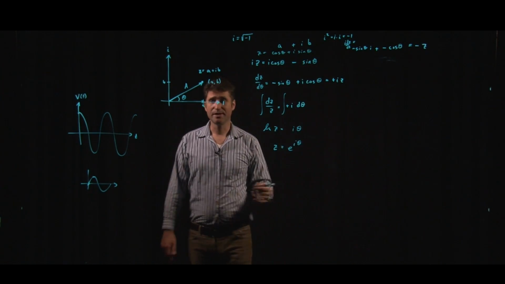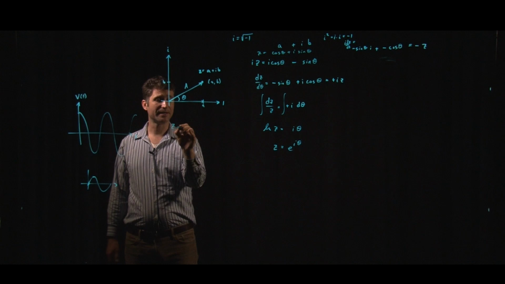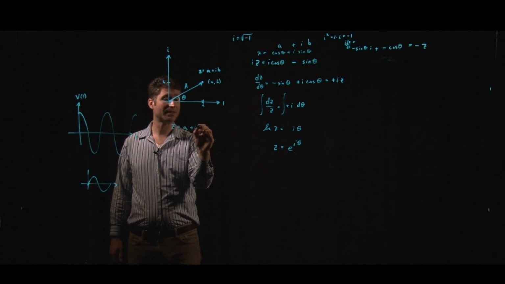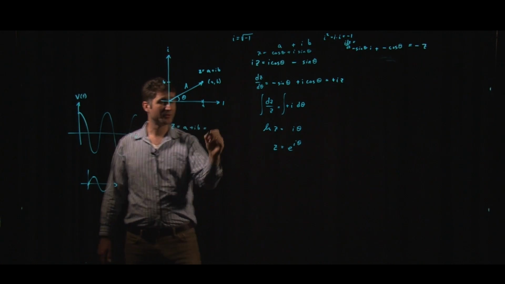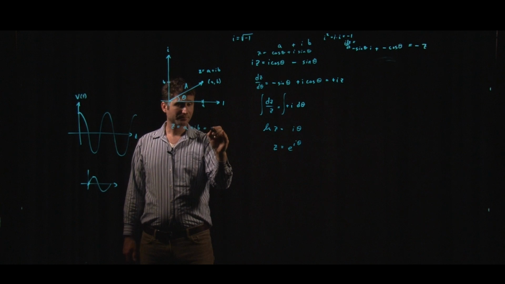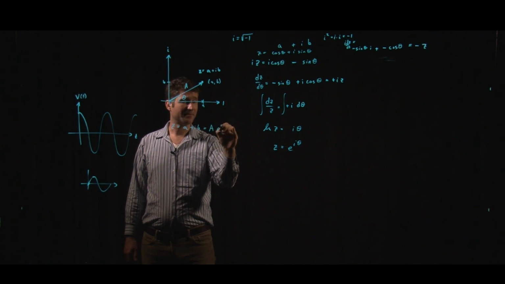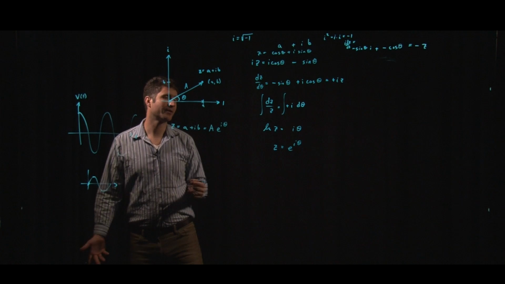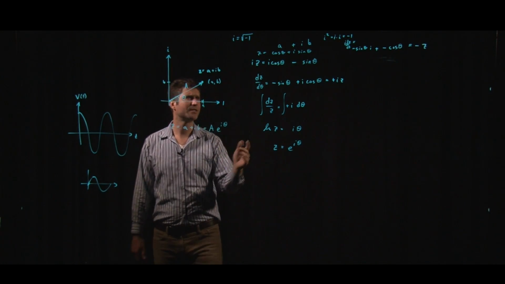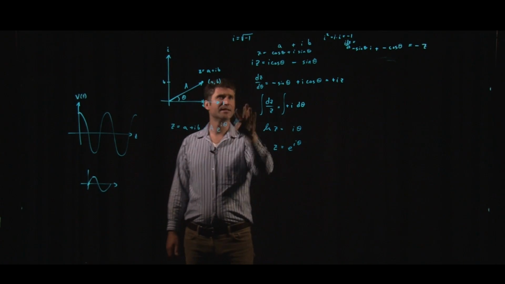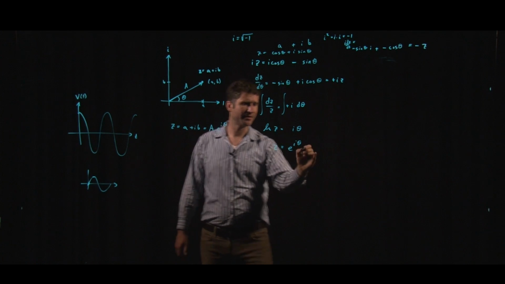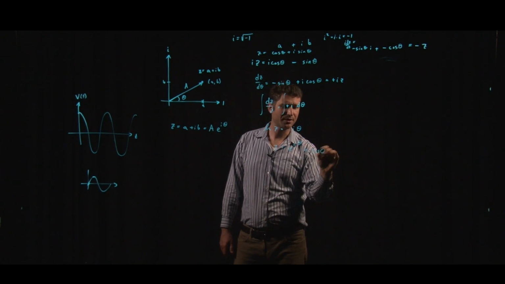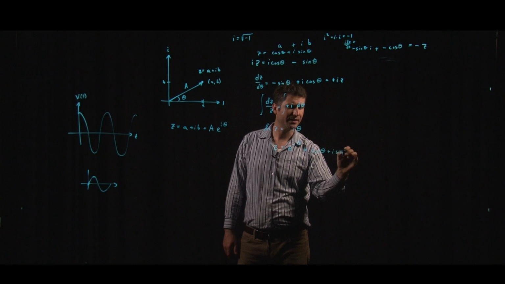And so if I were to instead write, I could write a z as generally any a plus ib, which is equal to some A times e to the i theta. So I guess what I want to say here in summary is that this is a weird fact, that e to the i theta is equal to cosine of theta plus i sine of theta.